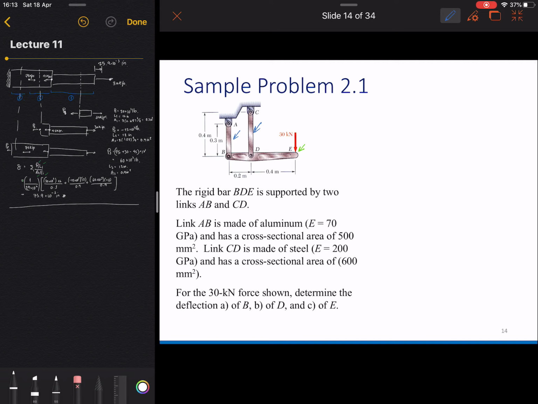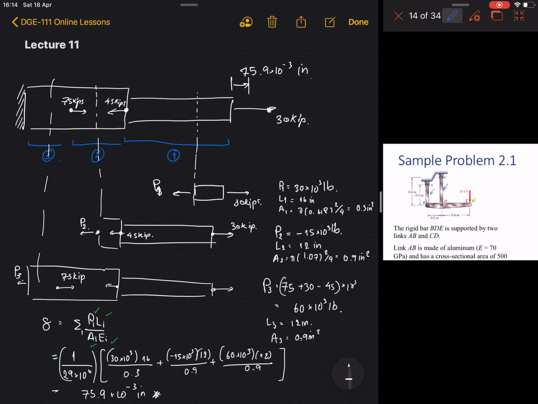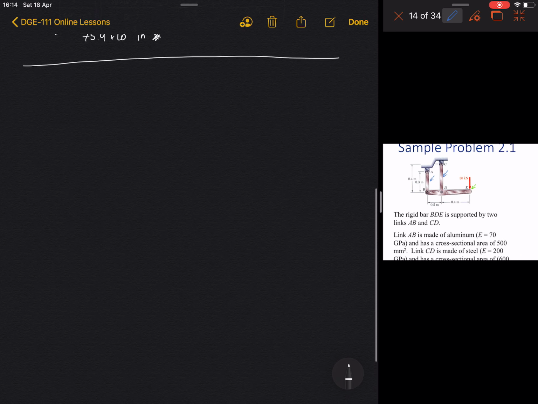Okay, so first, what do we have to do? Let's get to the problem. Problem 2.1. We do the same as usual.